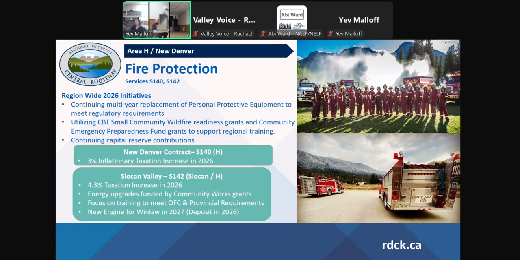So that service is seeing a 4.3% increase, and some committee funded work there. New engines are coming for Winlaw, with a 2027 deposit happening this year. The rural residents around New Denver receive fire services from New Denver via service S-140, and that's seeing a 3% inflationary taxation increase in 2026 currently.